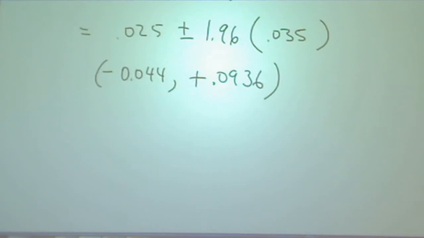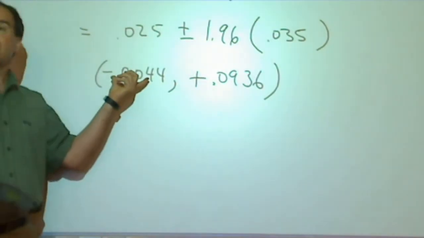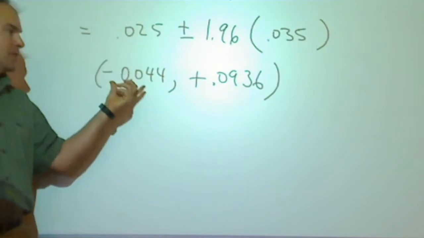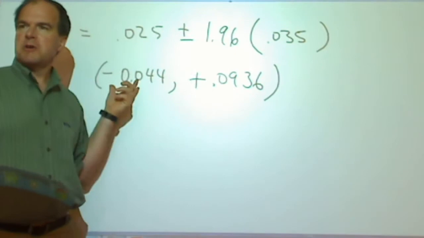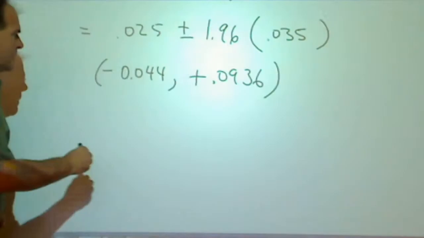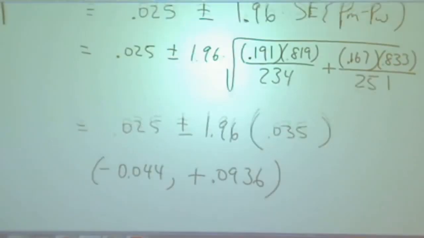It's the difference between men and women illiteracy. Either the women's is higher, the negative difference, or the men's is higher, a positive difference, so we're not sure what the difference is. It's somewhere in between this. You can go down a little bit. Yes, absolutely.